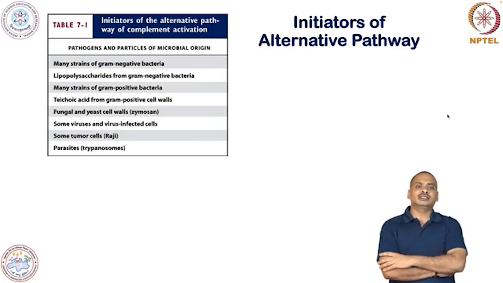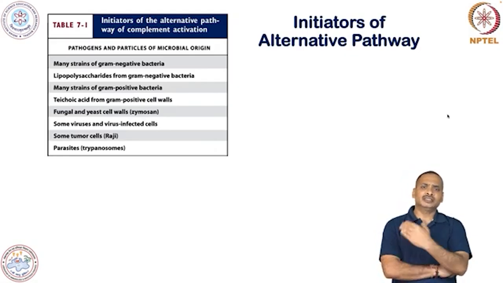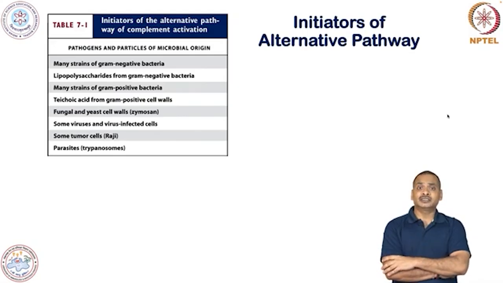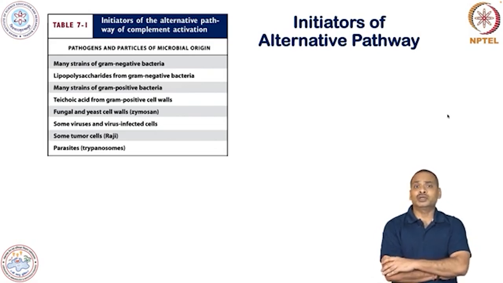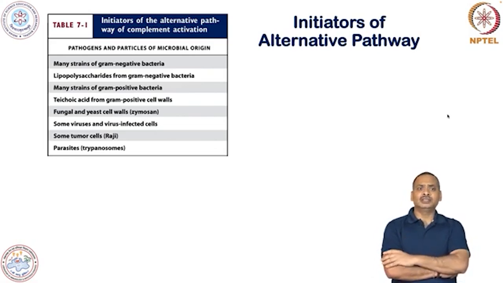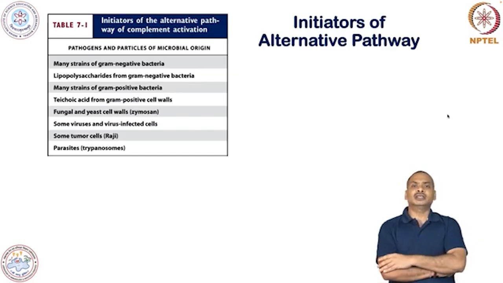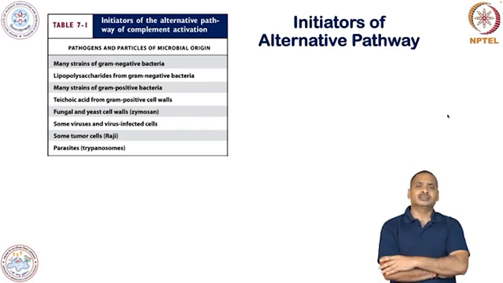Here you can see there are pathogens or particles of microbial origin, and these molecules basically initiate the alternative pathway. Many strains of gram negative bacteria possess lipopolysaccharide, LPS, and this component can activate the complement pathway.